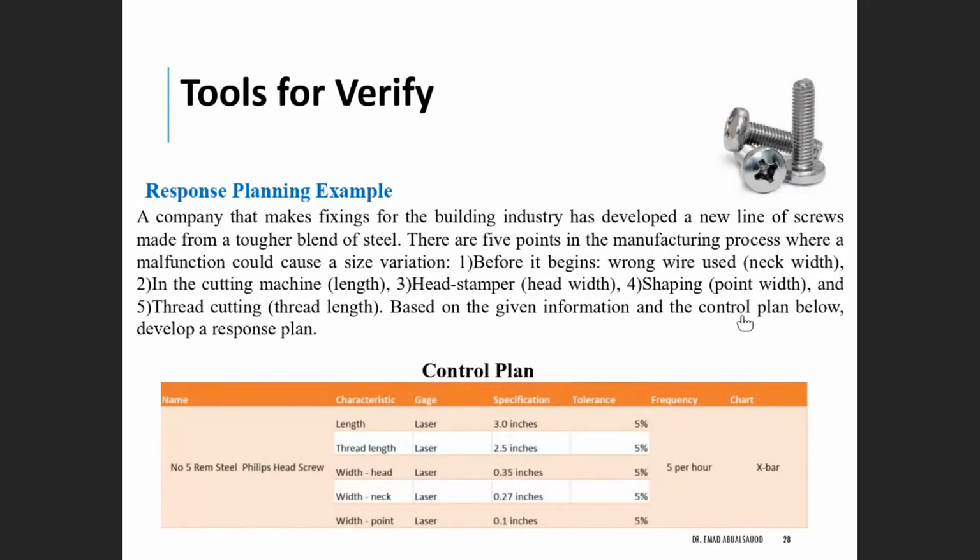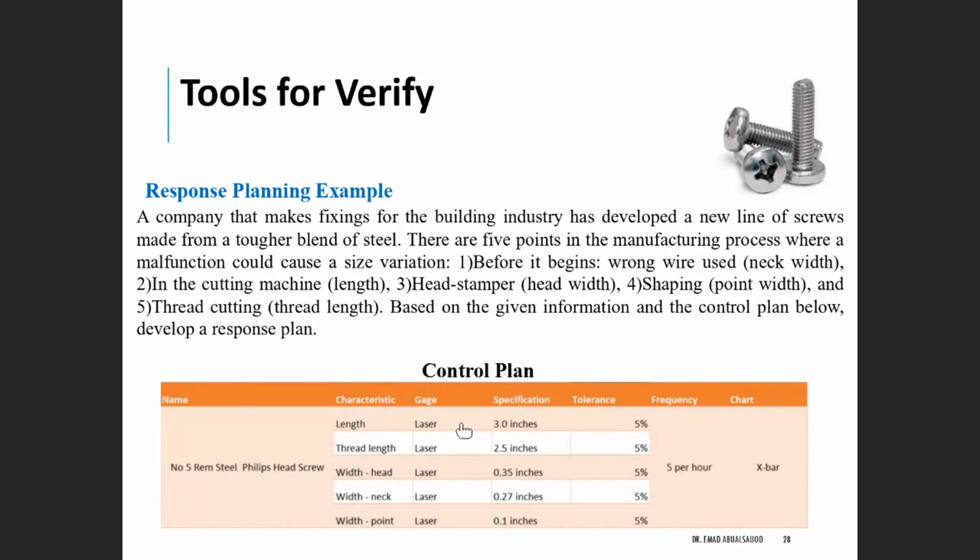Based on the given information, this was the control plan, not the response plan. Pay attention: the control plan shows the tolerance and the specification, okay? But it didn't show what to do if something goes wrong in the specification. So they listed all these 5 phases, and the gauge, the tool you will use for measurement.